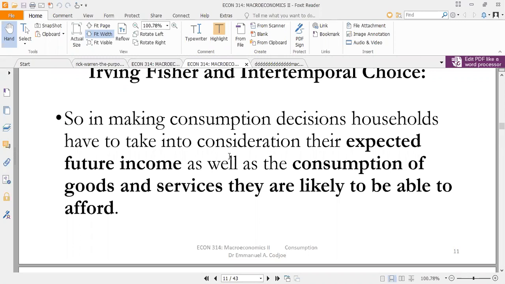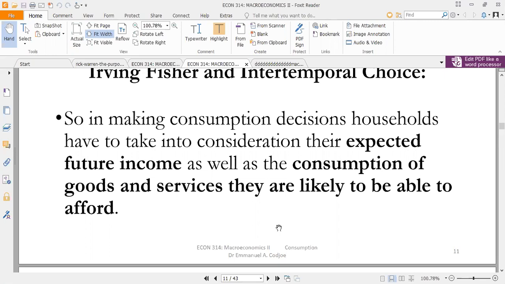So it's not a one-time issue at all. You are making a decision based on what you can afford today and what you can afford tomorrow. So as I said, when you are deciding on how much to consume today versus how much you want to save for the future, then the budget constraint that you are faced with is what we call the intertemporal budget constraint.